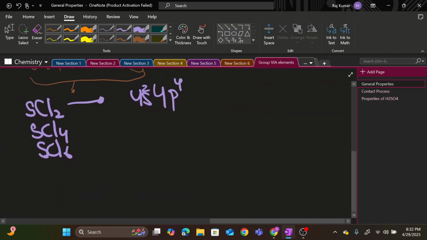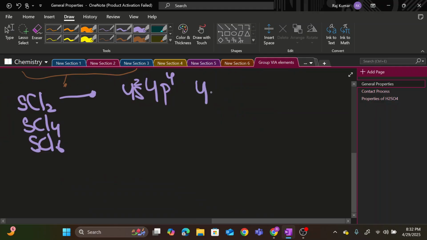If we break it down, the distribution of valence electrons is 4px, 4py, 4pz. These are the orbitals. I'm going to fill it according to Hund's rule: one electron in each of these, and a second electron in one of them. So there are two paired electrons.